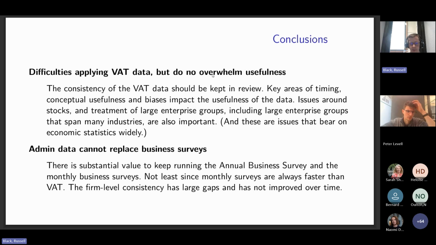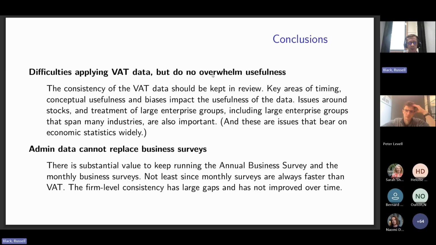So that's why I've shown a few different specifications here, which means that this is not a source of replacing business surveys. The value from having the business surveys is definitely sufficiently great to justify the time and expense of ONS and businesses filling them in.